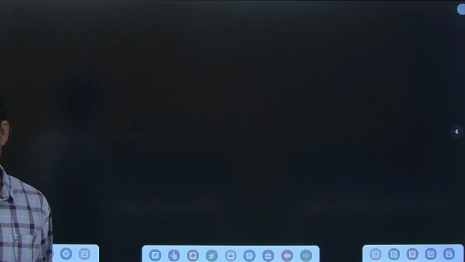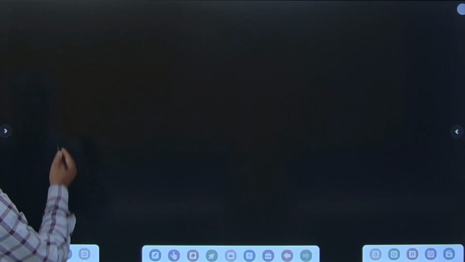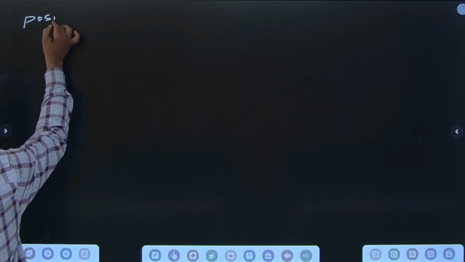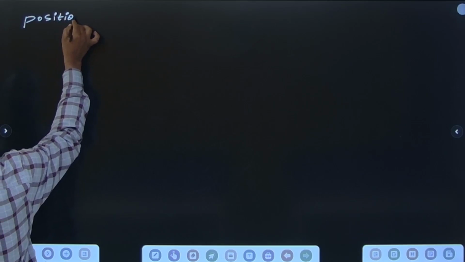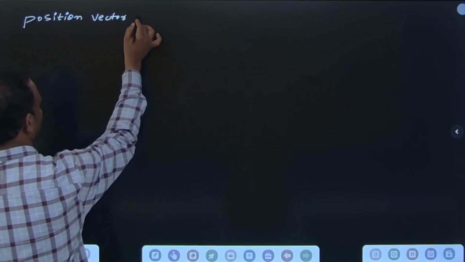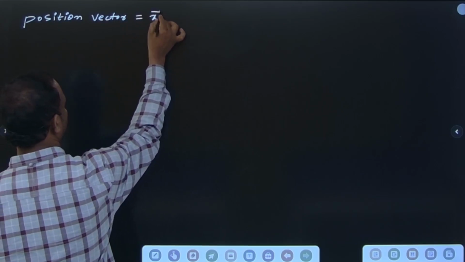Next, for acceleration, for example, a position vector is taken. The position vector I can write as x bar.